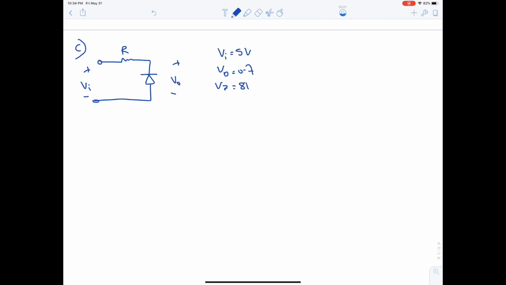Moving on. Part C. Let's take this example. Vi is 5 volt, Vd is 0.7, Vz is 8 volt.